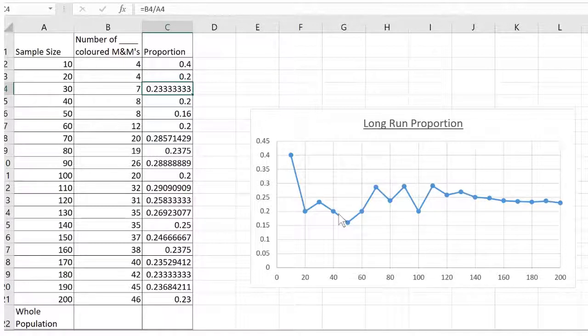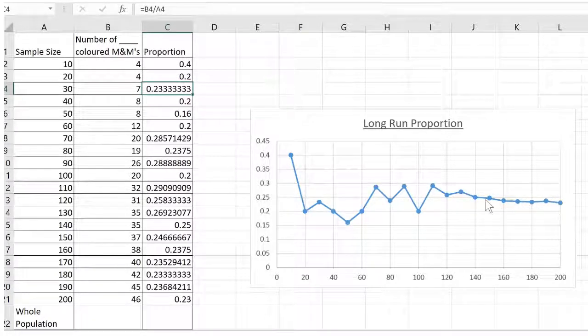So when the graph gets to a straight line or quite flat to reflect the total, you can notice here, a sample size of 120 is pretty good. You might even want to take it back to 80 here. That's when it starts to reflect the whole population.